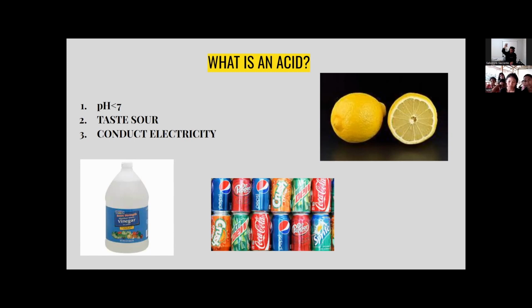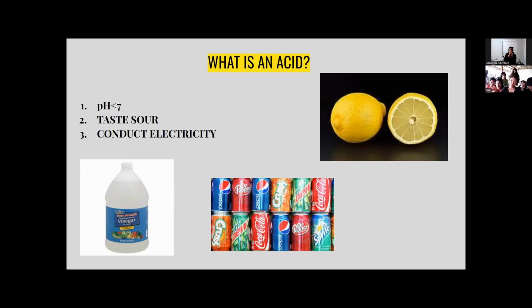This right here is citric acid, and that is what is inside of a lemon. In today's experiment, we're going to take the citric acid, the acid inside of a lemon, and mix it with a base, baking soda.